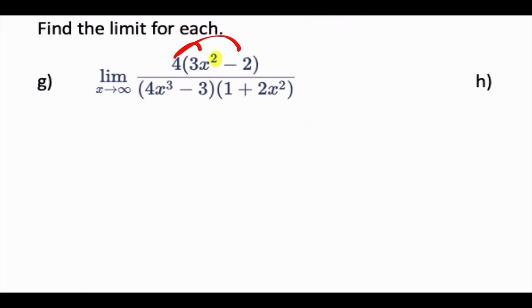Why not? Because if I were to actually do FOIL with this, first, outer, inner, last. If I was to multiply all of those, first term times the first term, last term times the last term, outer term times the outer term, inner term times the inner term, the powers would get bigger, right?